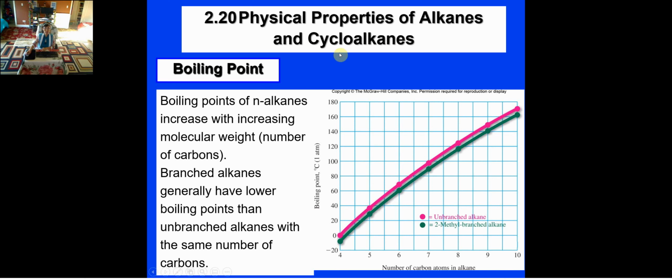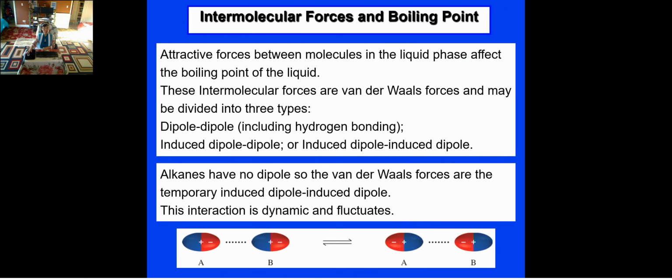For all of these alkanes and cycloalkanes, you need to know their physical properties, particularly the boiling point. Generally speaking, you compare the number of carbons. The larger the molecule is, the higher the boiling point is, and the higher the melting point is. If you have branched and unbranched, the branched molecule usually has the lower boiling and melting point.